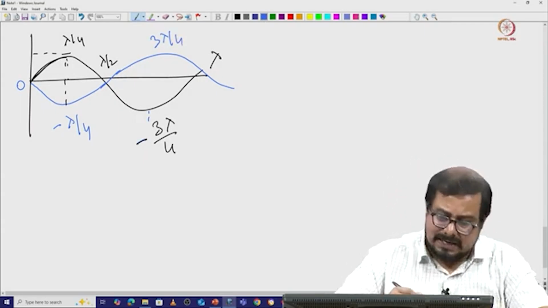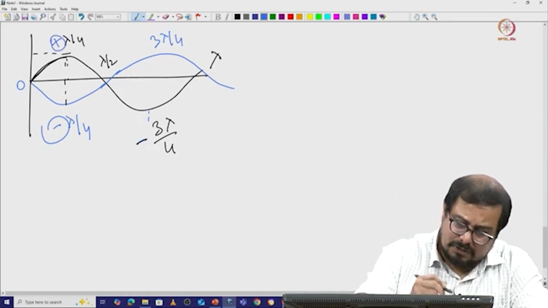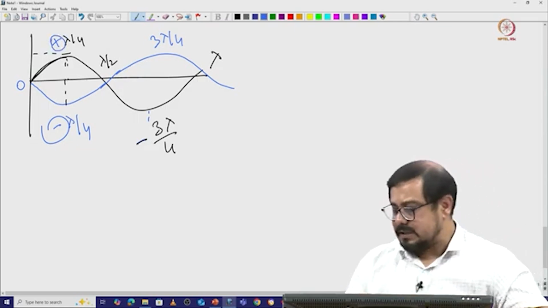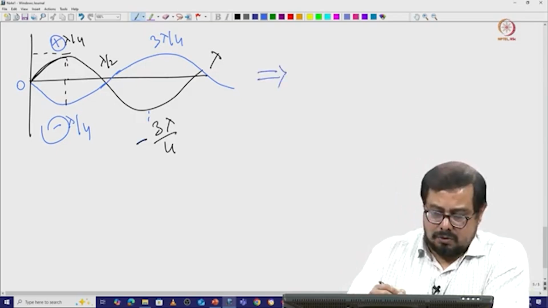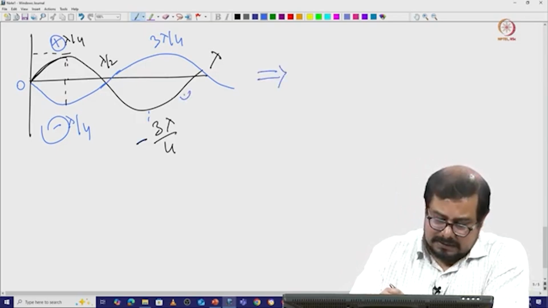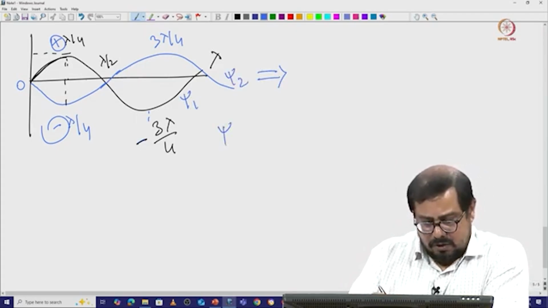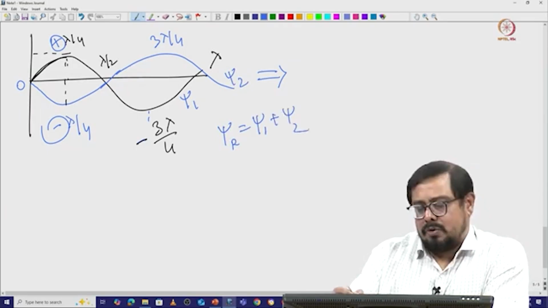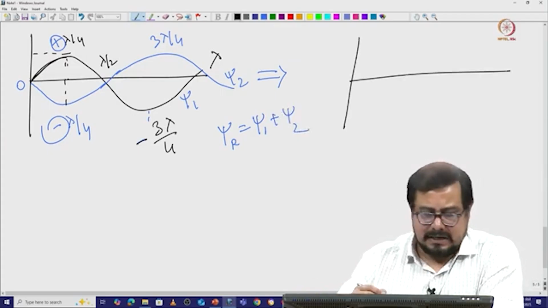You can see the major difference is the sign: this will be positive and the other one negative. Now, if we want to merge these two waves together, what will be the resultant wave? Again, if we consider this as wave 1 and this as wave 2, our resultant wave is wave 1 plus wave 2.